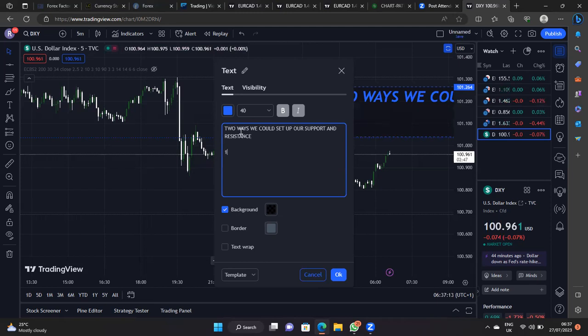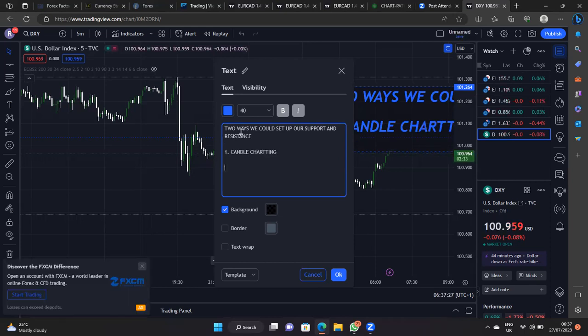So the first one I mentioned I'm going to take you through is charting, candle charting. And the second way is transaction charting, transaction setup.